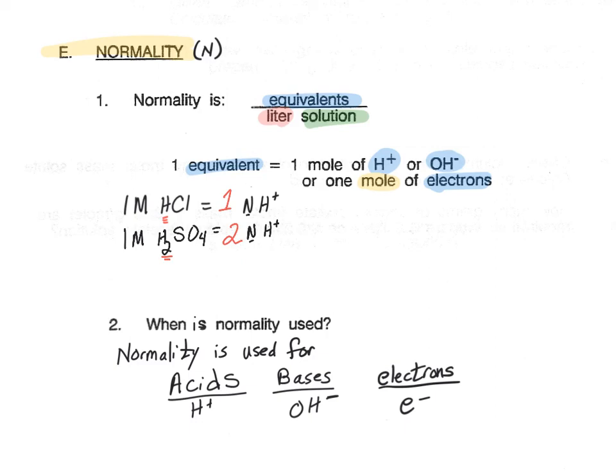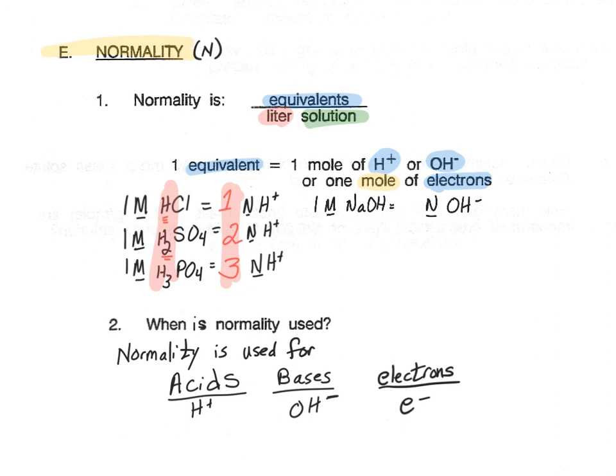And if I have a 1 molar H3PO4, or hydrogen phosphate solution, that would be 3 normal in hydrogen ions. Hopefully you can see that it's counting the number of hydrogen ions that are produced by each of these acids. And then we can look at the hydroxides. So for our bases, we see that 1 molar sodium hydroxide will be 1 normal in hydroxide, and 1 molar calcium hydroxide will be 2 normal in hydroxide.